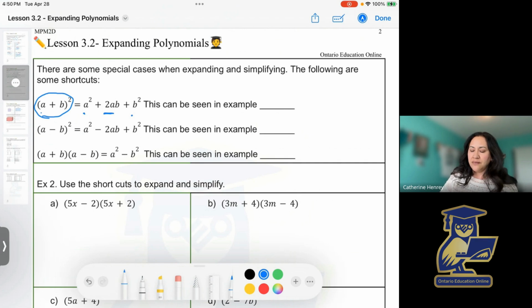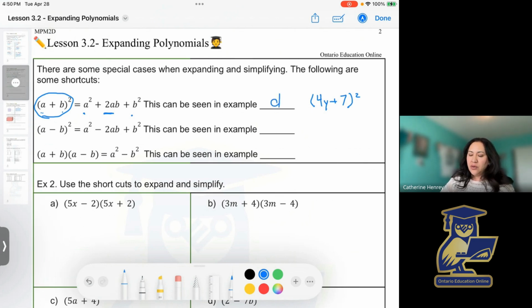So if we go back to the examples that we just did, the example that we can see here was the 4y plus 7 squared. So we might have recognized it as similar to a plus b squared. We have 4x plus 7 squared. So that example was D. That's where we saw that.